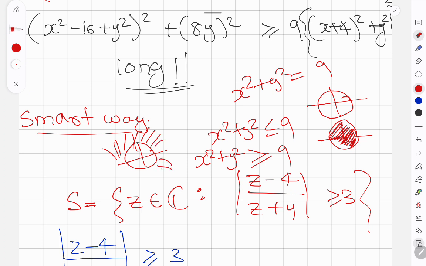For this one, the solutions are on this circle, on the line. And if you have an inequality, it's the area.